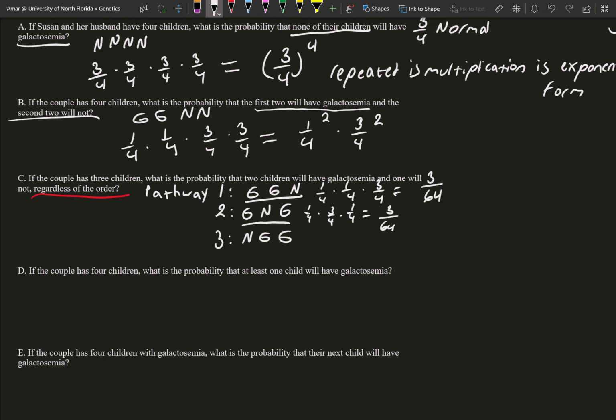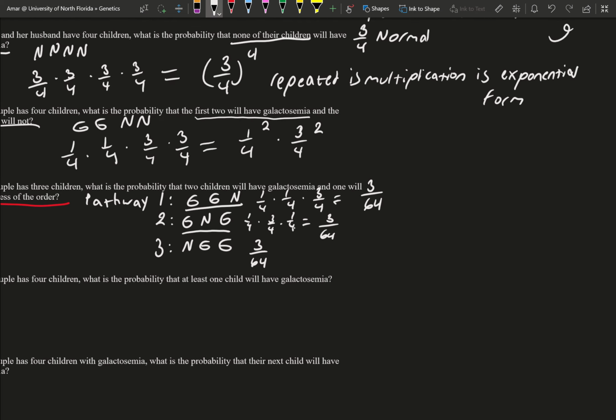And the same thing for the last one as well, 3 over 64. So in order for us to figure out the regardless-of-order probability, we just add them all together. So then our final answer will be 9 over 64.